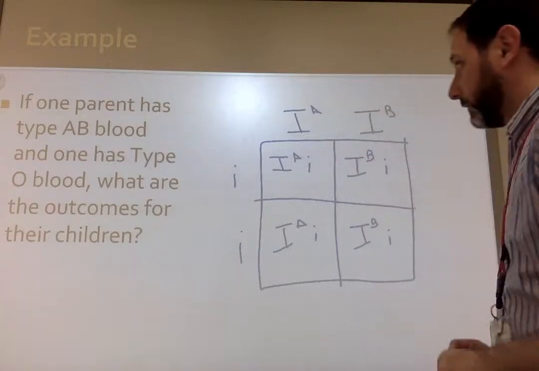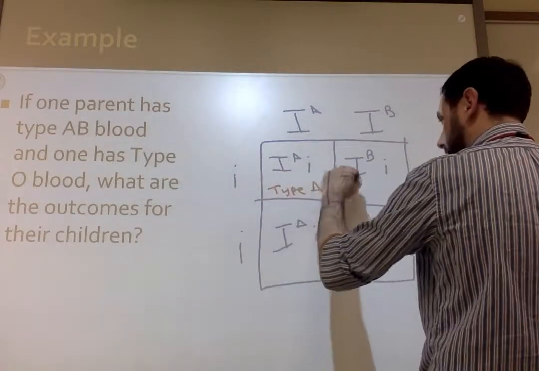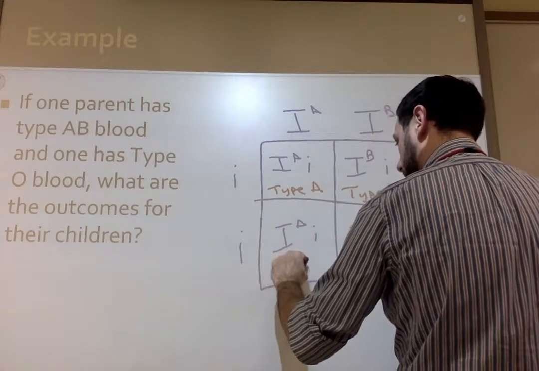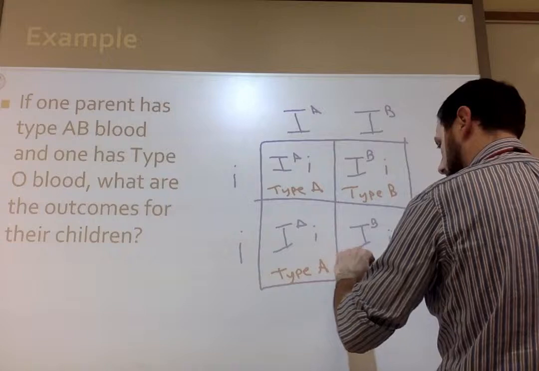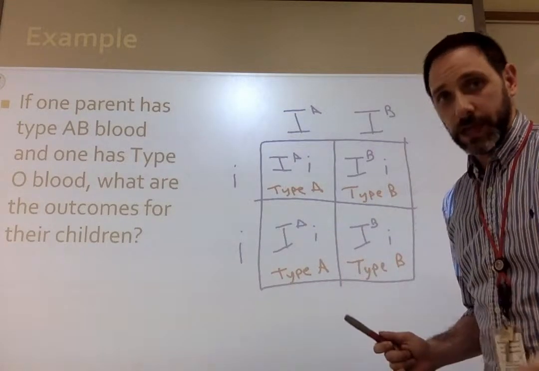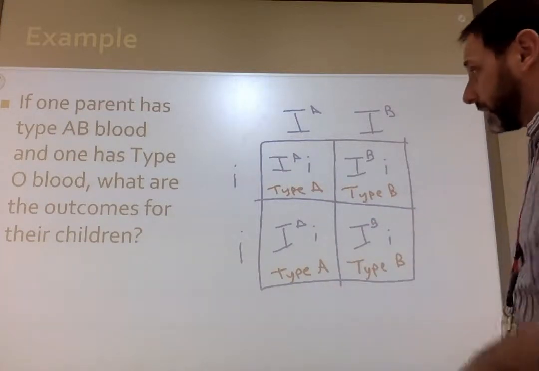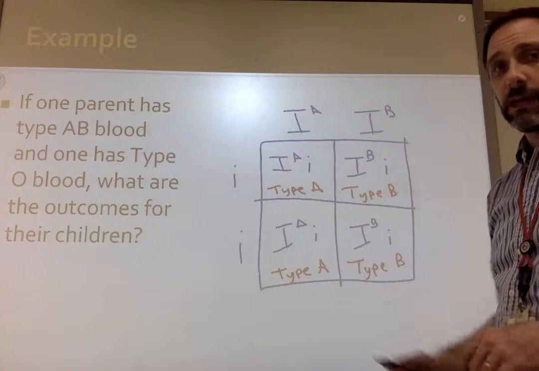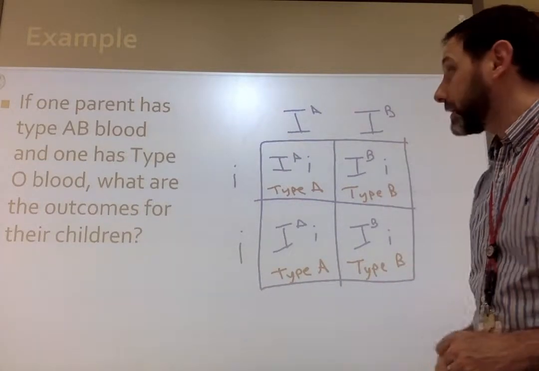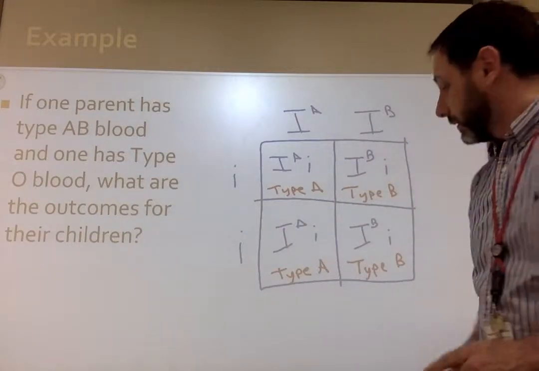And so if I were to fill this in, this is type A, type B, type A, type B. So all the outcomes are heterozygous, either heterozygous for A or heterozygous for B. So we would say there's a 50% chance of having type A, 50% chance of having type B, 0% chance for AB, and 0% chance for O.